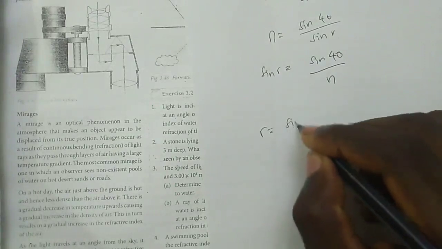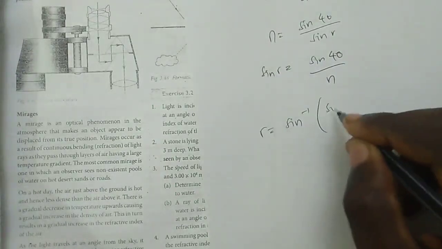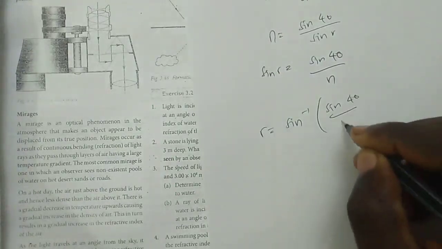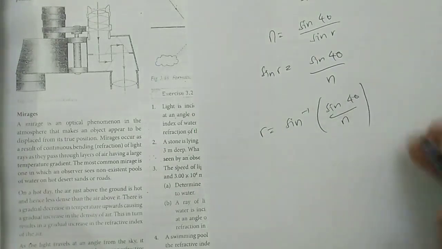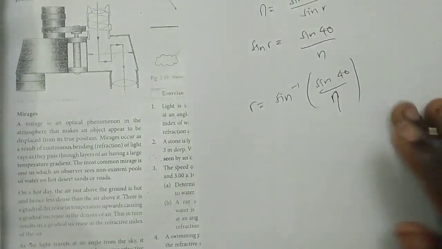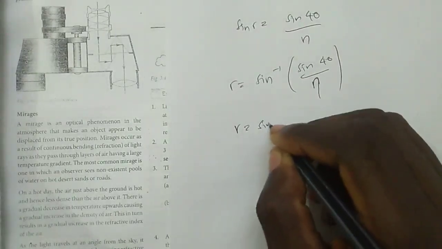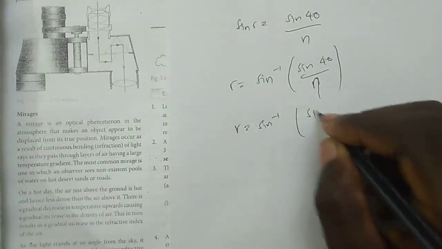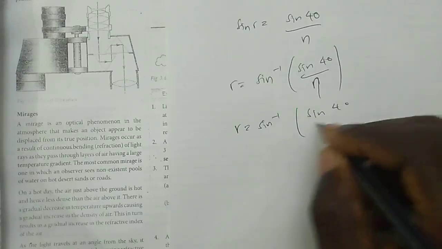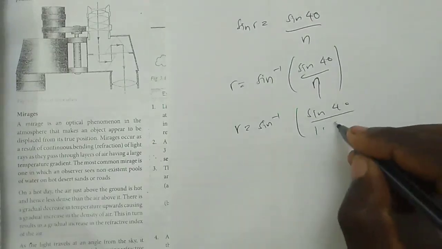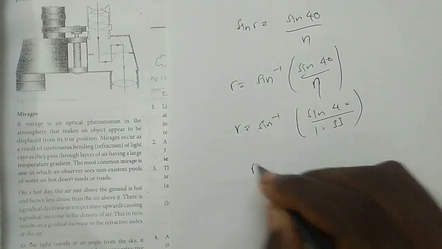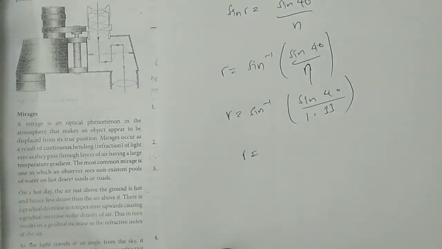R will be equal to sine inverse of sine of 40 gawanya kwa refractive index. Actually this is not n, kwa hiyo sio kaandika n. R is equal to sine inverse of sine of 40 gawanya kwa 1.33.